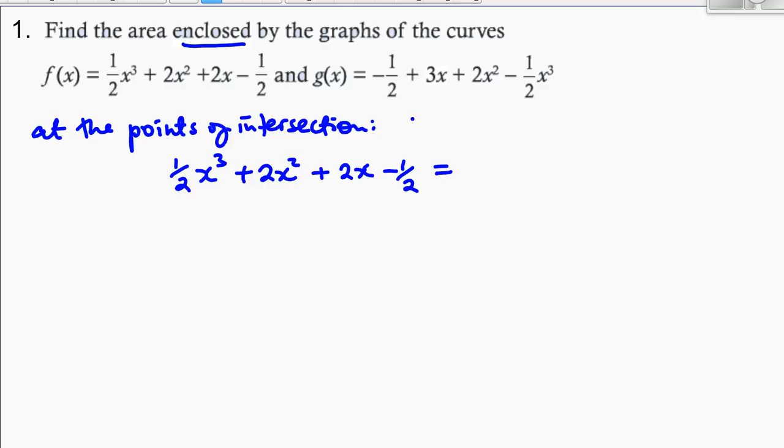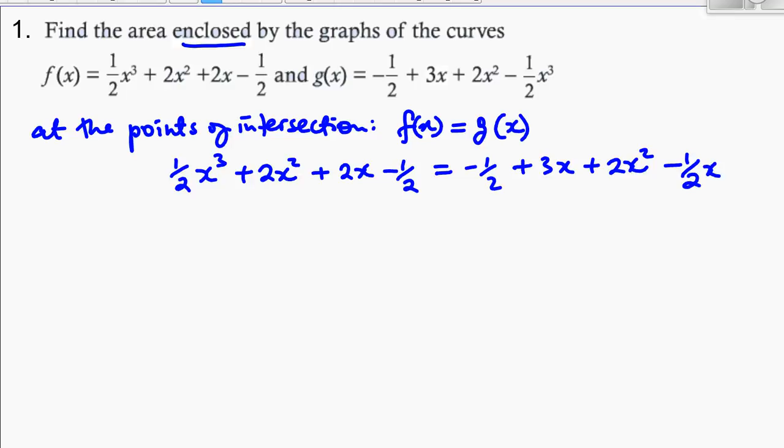Remember, this basically means f of x is equal to g of x at the points of intersection, and that's what I'm doing here. So I'll have negative a half plus 3x plus 2x squared minus a half x cubed.